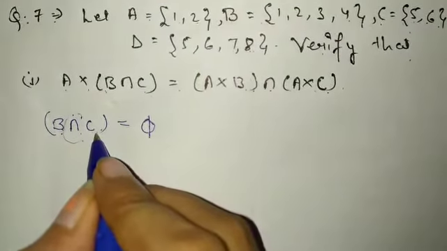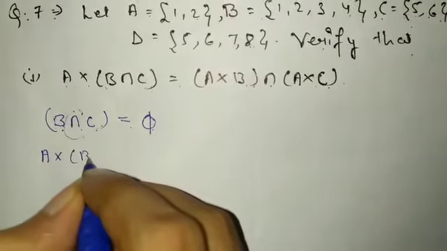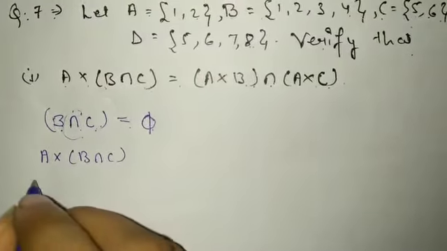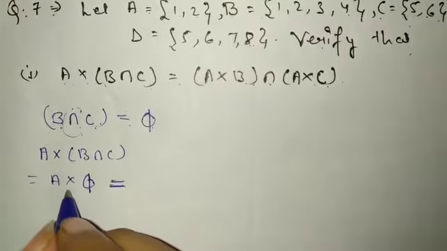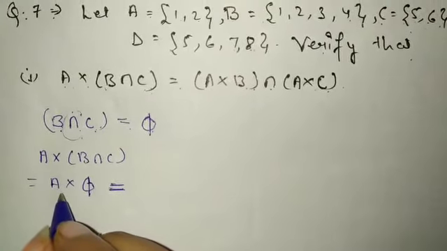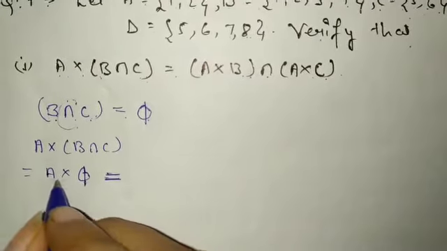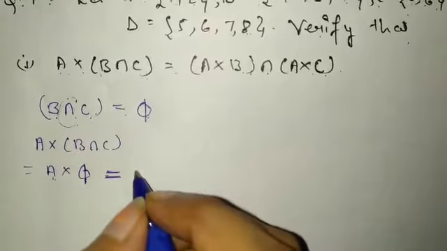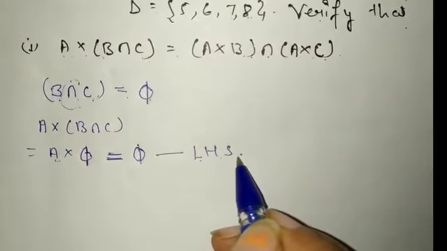Now, if we multiply set A to set B intersection C, then we will get set A multiplied by the null set. And we know in two sets, if any one is a null set, then the product of the two sets is always equal to the null set. So here we have solved the left hand side.